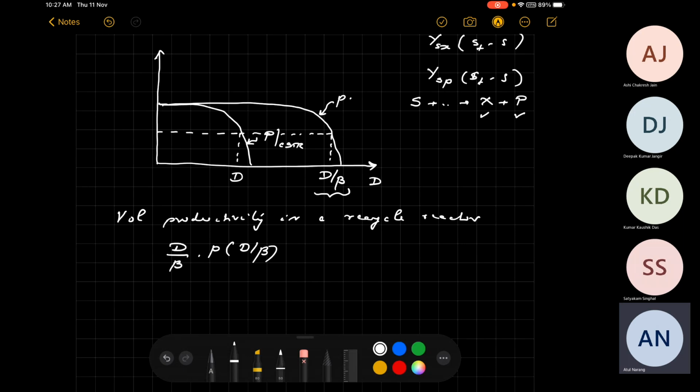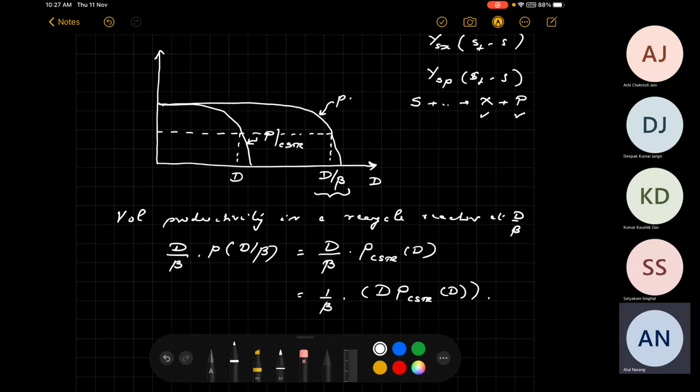If I'm operating at D over beta, that is equal to D over beta multiplied by P in a CSTR at D. So you get 1 over beta multiplied by D times P in a CSTR.